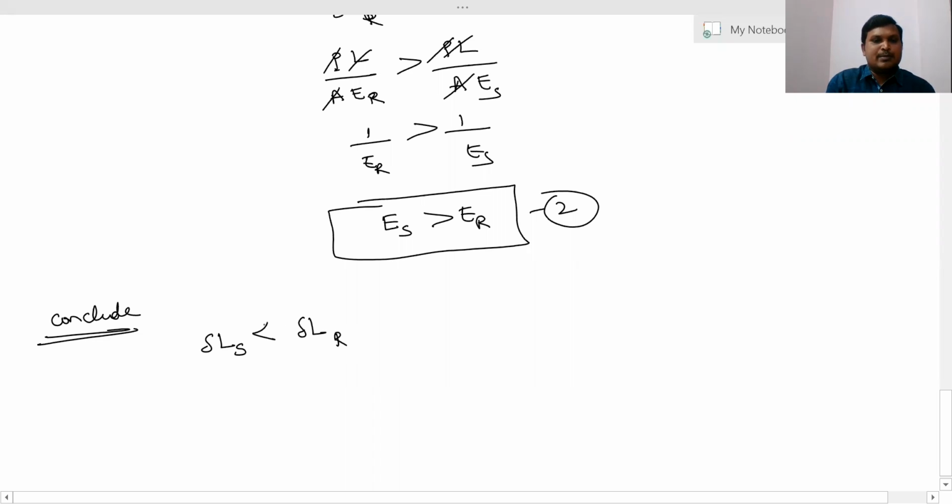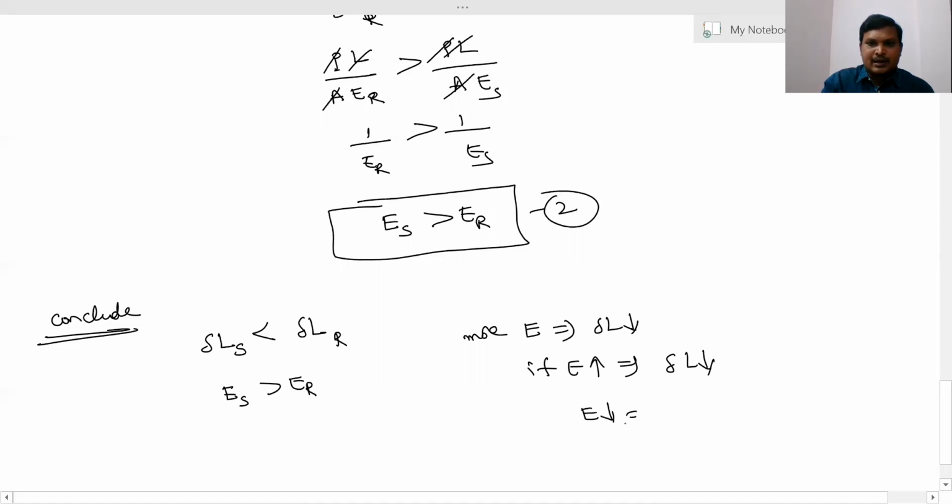So deformation of steel is less than rubber, and Young's modulus of steel is greater than Young's modulus of rubber. So what we can observe here is that more E leads to less delta L. If E is higher, delta L will be less. If E is lower, delta L is more.